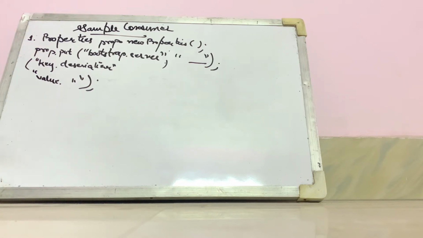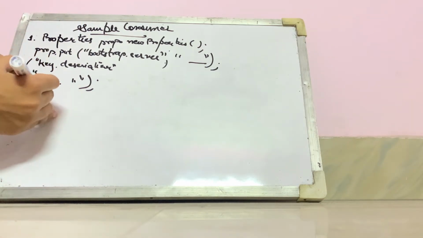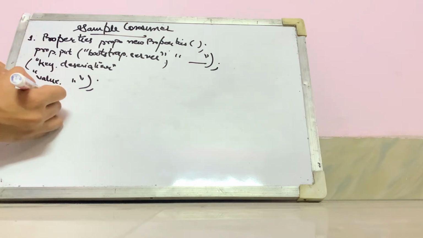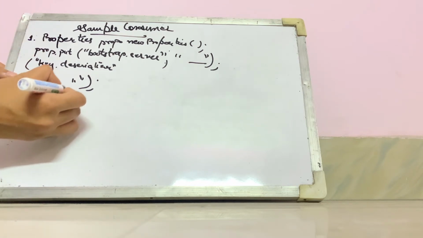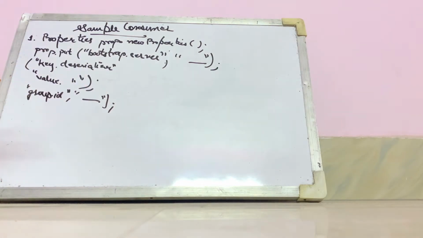So for all these reasons, we need one consumer group. We will set that property with group ID as the key, and we'll set the name of our consumer group.